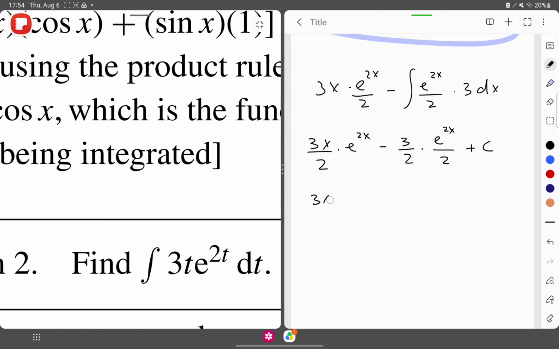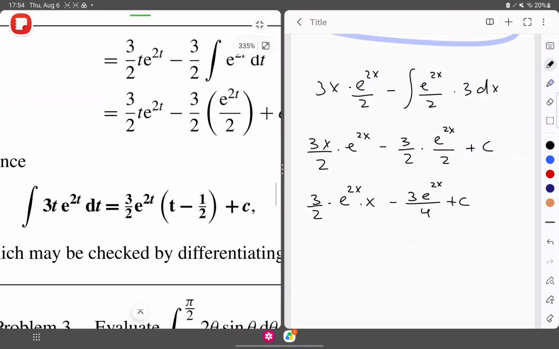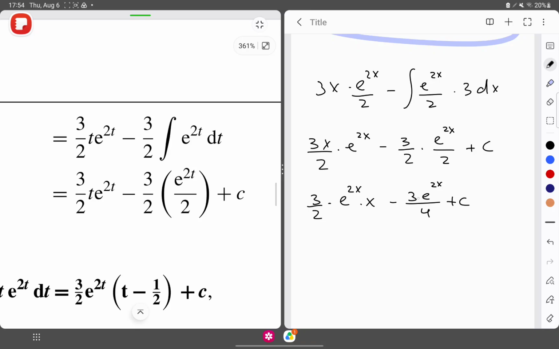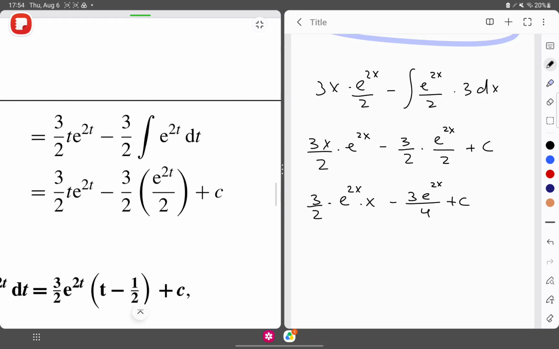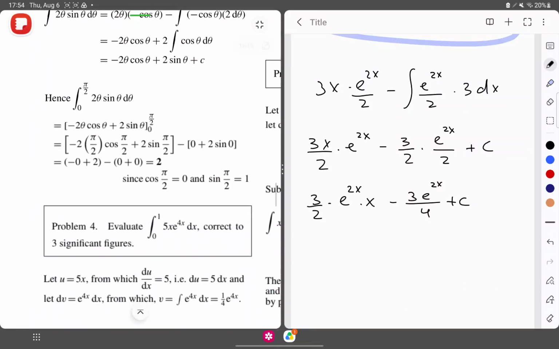So 3 over 2 times e to the power of 2x times x minus 3 e to the power of 2x over 4 plus c. I think it's correct. Let me see. Yeah, that's true. Okay, good job. I don't know these ones, so let's go to another one.